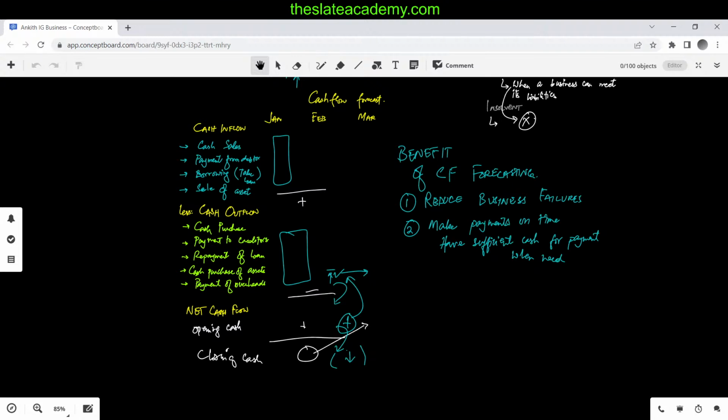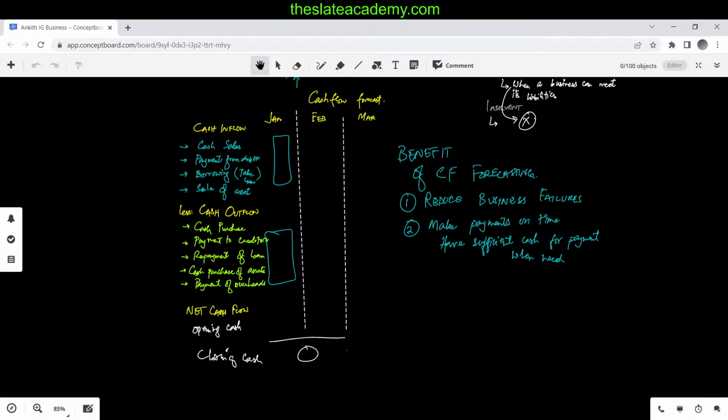Okay. So what I'm saying is that in the month of Feb, you are planning some cash outflow. You want to purchase some machinery, which would involve a lot of cash outflow in the month of Feb. Just a second, let me draw lines and separate. So this is your month of Jan. This is your month of Feb. In Feb, you are planning some cash outflow.